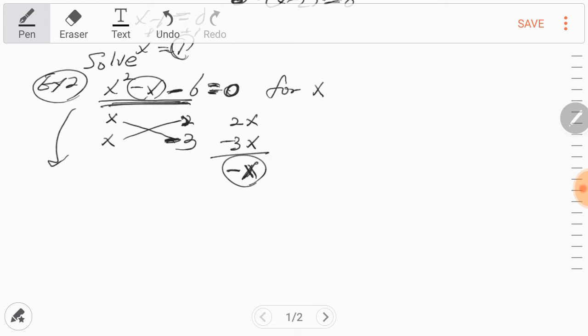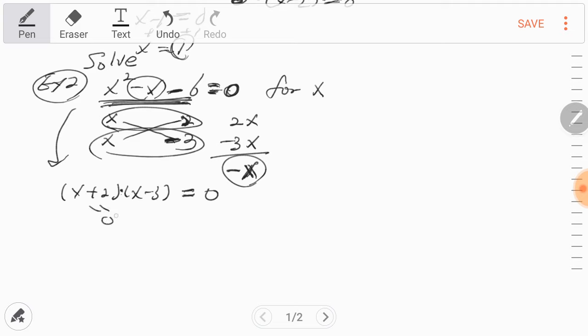So we can rewrite the equation as a product of binomials in this case: x plus 2 times x minus 3 is equal to 0. So we just factor the left side of the equation. Since this is a product equal to 0, we can set each factor equal to 0.